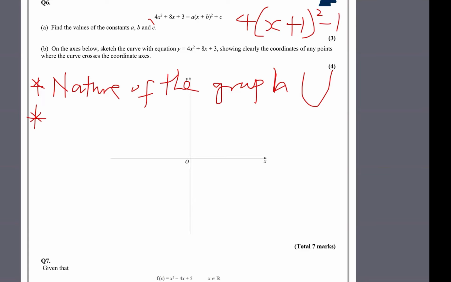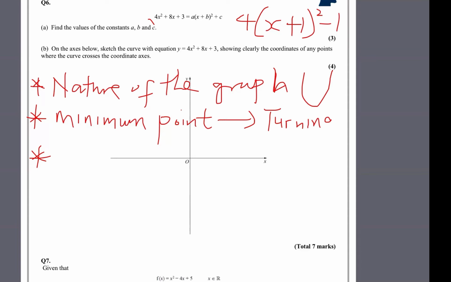What else should we take note of when we are sketching? We also take note of the minimum points. The minimum points can be referred to as the turning points. So in situations where the graph comes the other way, then we expect to have a maximum point, which also is the turning point.